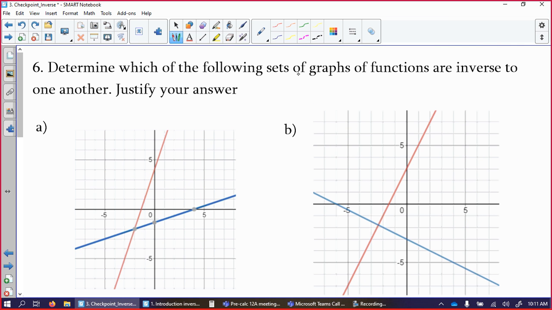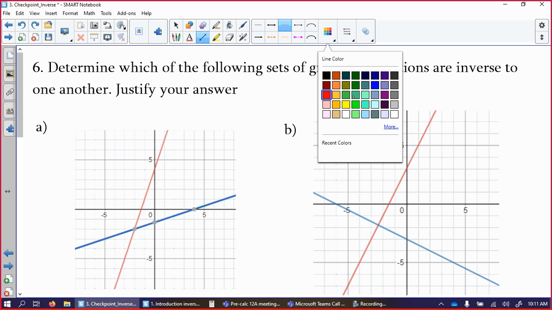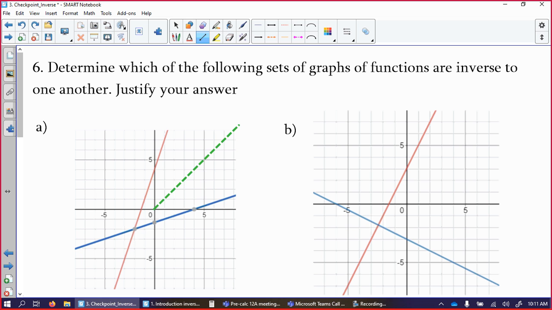Determine which of the following sets of graphs are inverses to one another. Justify your reason. My thought on this: I've got blue and red, so I'm going to change this color to try to draw that line.